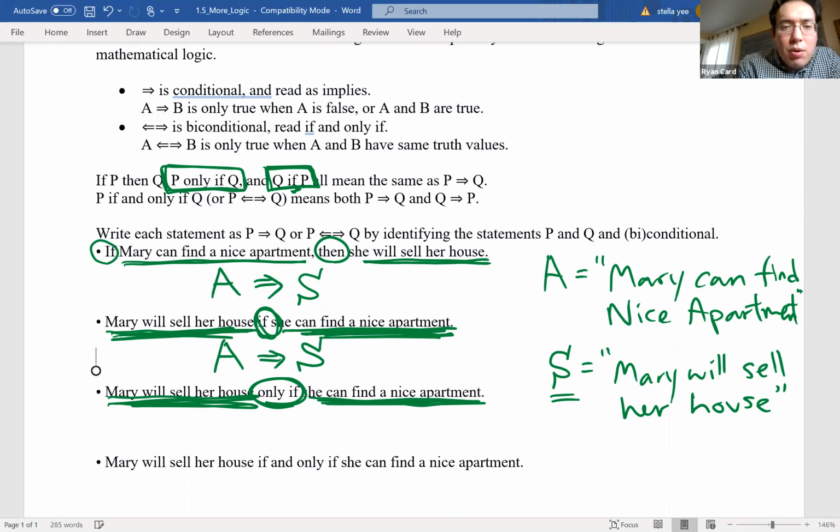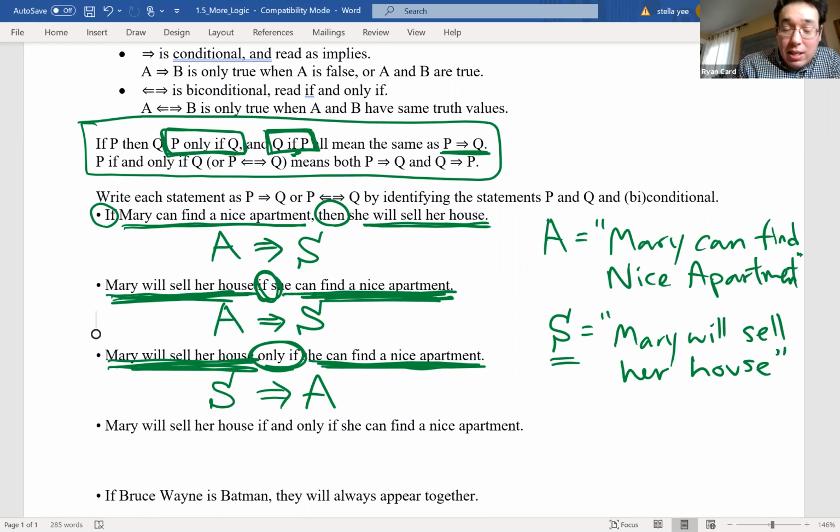That might take a little bit to absorb. So try to see if you can absorb this. There are different forms of sentences you can write in English that are equivalent to P arrow Q, or A arrow S in this case. So try to digest the different forms of the sentences that are made there.